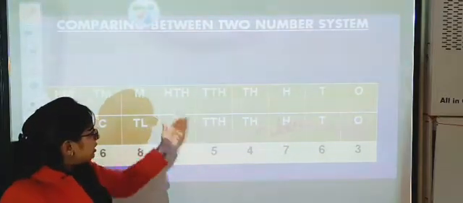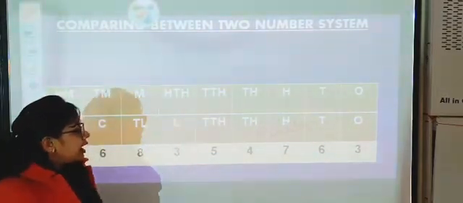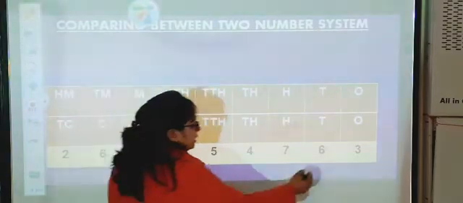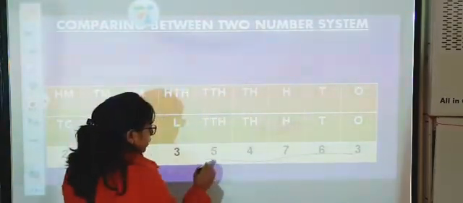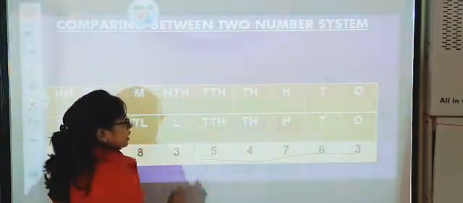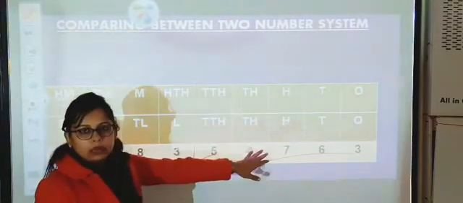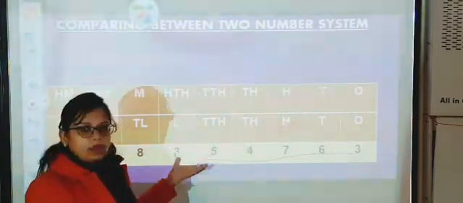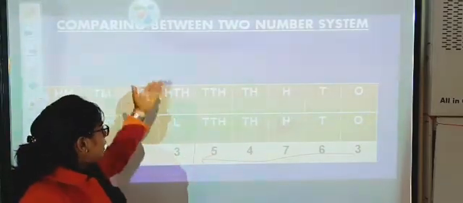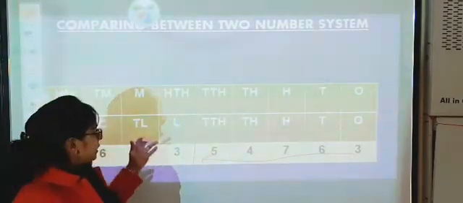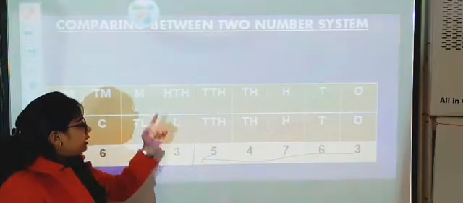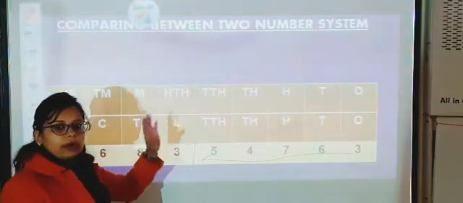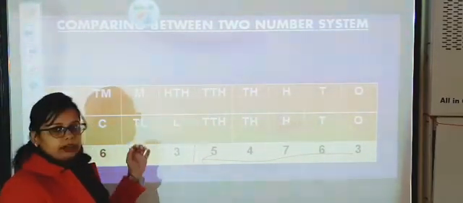So when we have a 5-digit number, the places are similar and there is no change. But after that, at the 6-digit number, there is a difference: we have lakh, but in the international number system we don't call it lakh, it is 100,000.